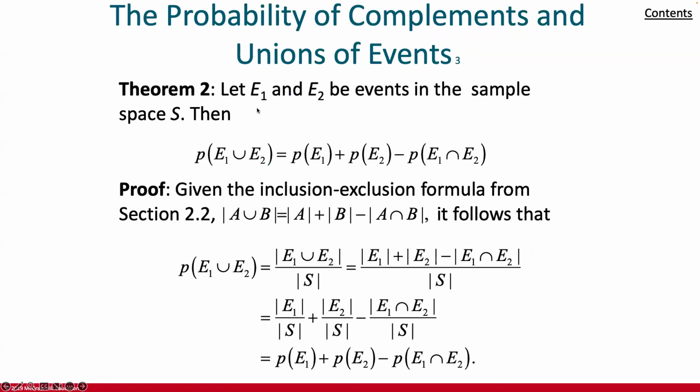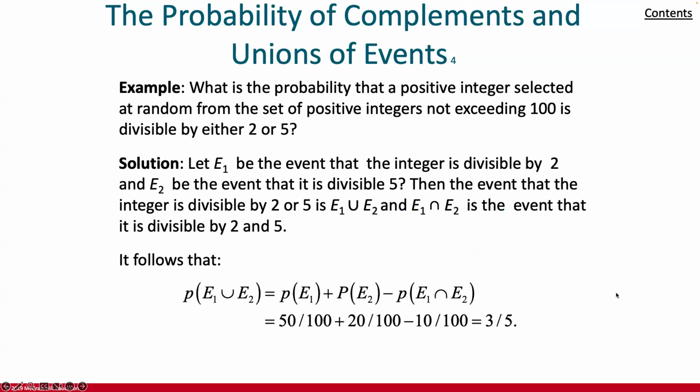Let E1 and E2 be events in the sample space S. The probability of the union of E1 and E2 is the probability of E1 plus the probability of E2 minus the probability of the overlap. We were looking at some of that already, and Bayesian ways of looking at this can help us think about that.